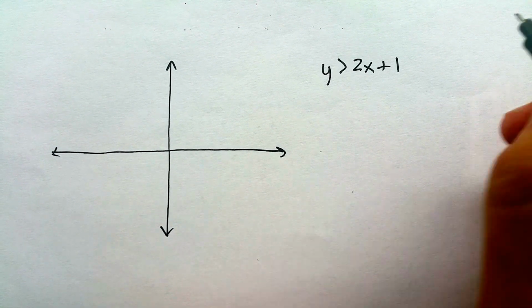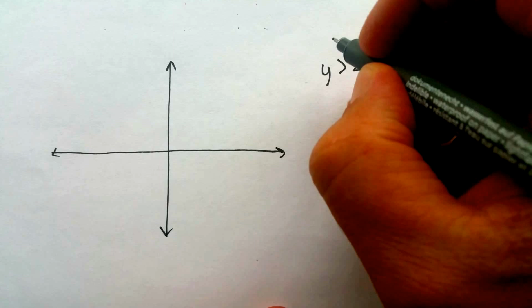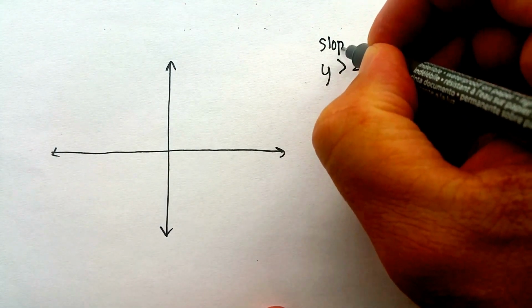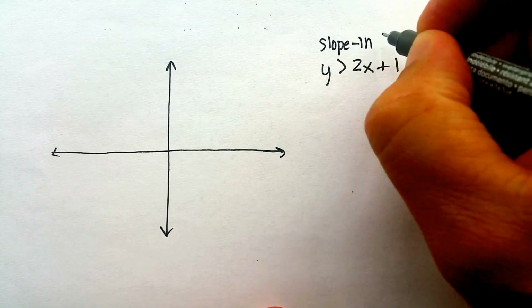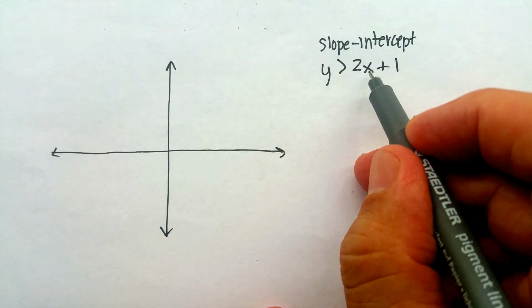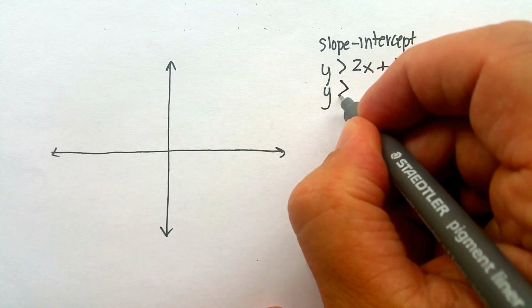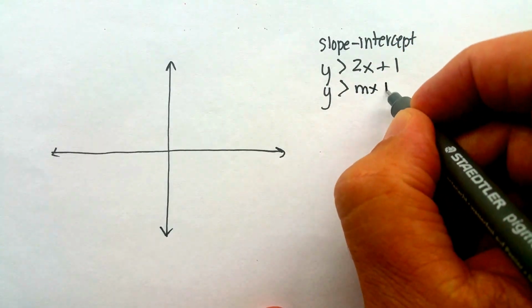Now, remember that this is really the same form as the slope-intercept form of an equation. Remember that? Where this is the slope and this is the y-intercept, also as y equals mx plus b.